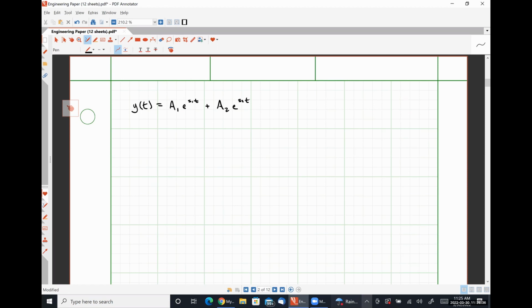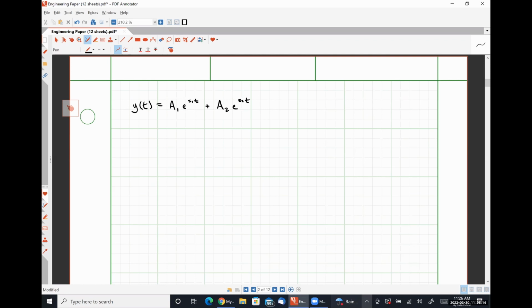This is a guess value corresponding to each of our two different values of s, where a1 and a2 are coefficients multiplying our exponential functions and are related to the initial conditions on our system, so the voltage drop across the capacitor and the current flowing through the inductor. This is our general solution, but there are sometimes problems with it.